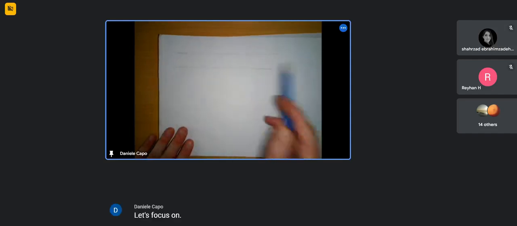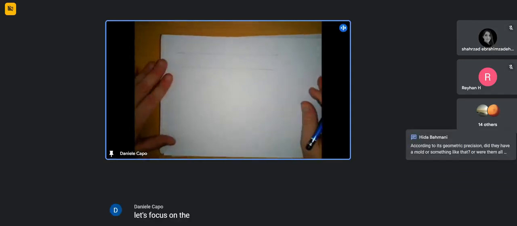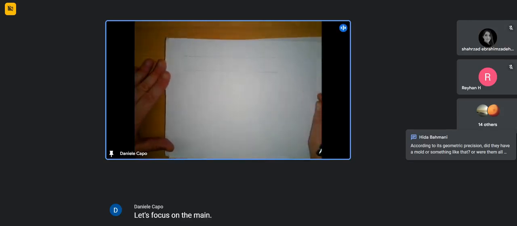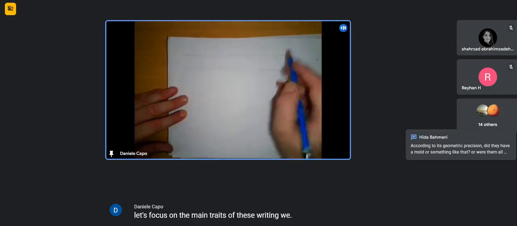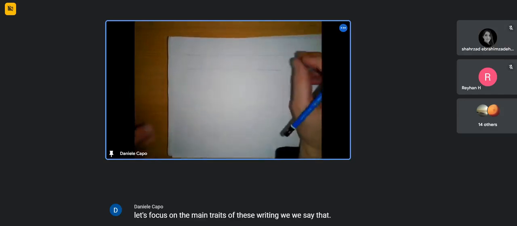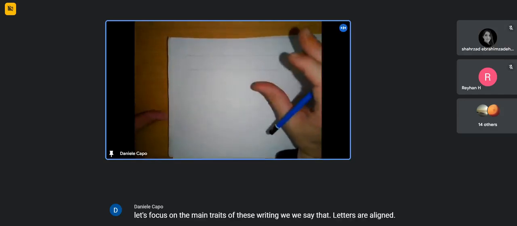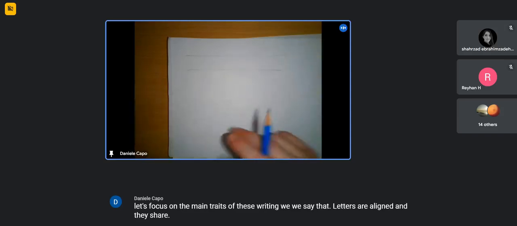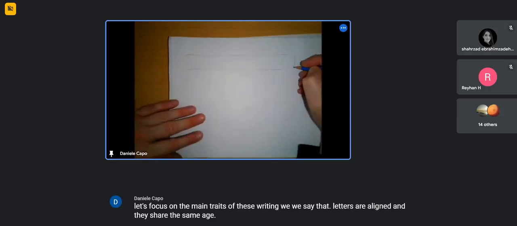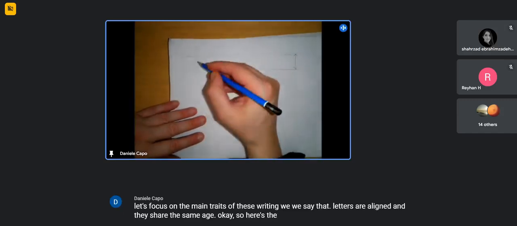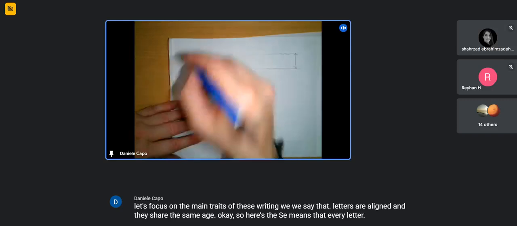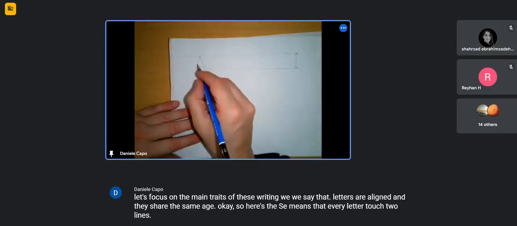Let's focus on the main traits of this writing. We say that letters are aligned and they share the same height. Okay, so this is the height. This means that every letter touches two lines.